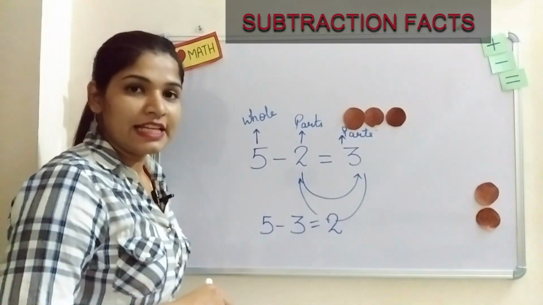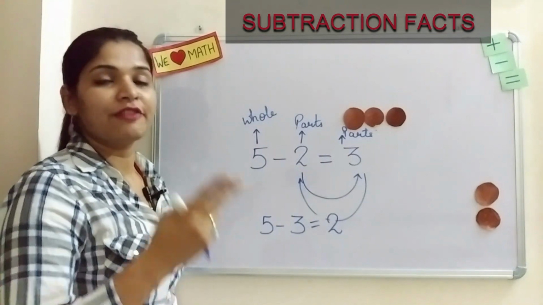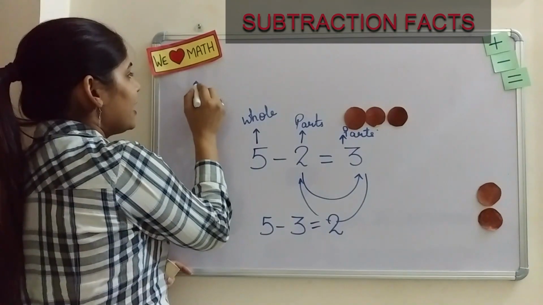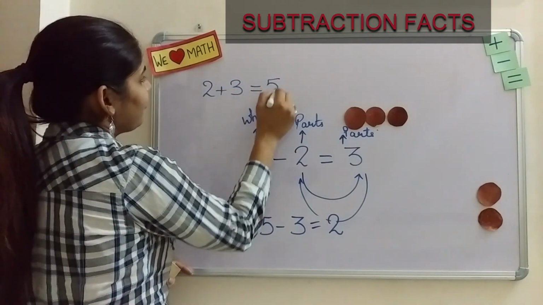So have you seen children that out of one addition fact we have got 2 subtraction facts. What was the addition fact? Let us revise. It was 2 plus 3 equals 5.